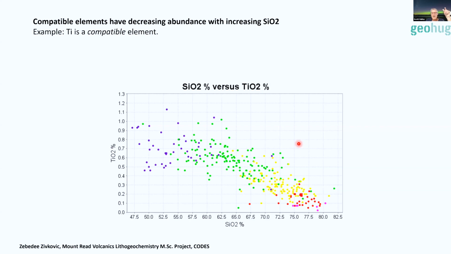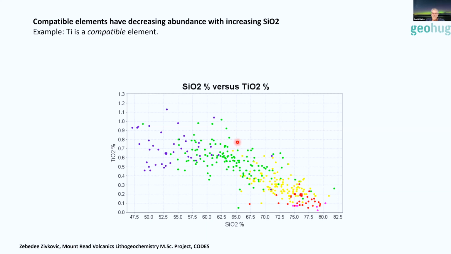And if there are mineral phases crystallizing as that magma cools that accommodate titanium, then the titanium content will go down as silica goes up.